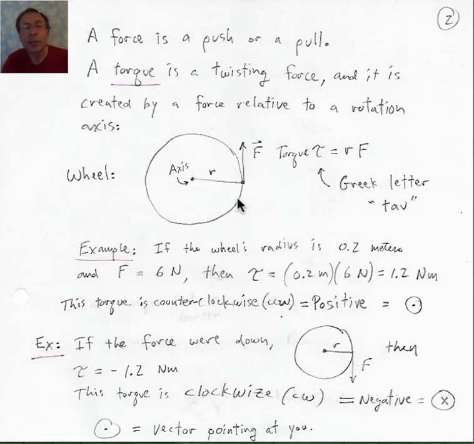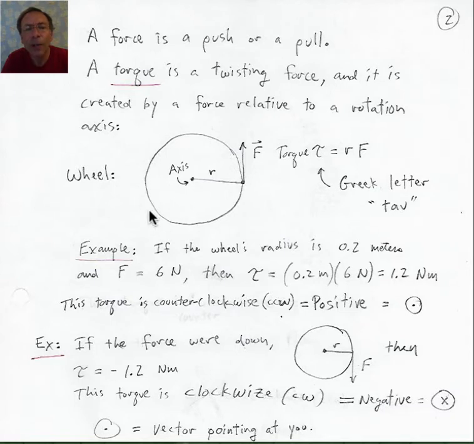Let's look a little more carefully at torques. So a force is a push or a pull. A torque is a twisting force, something that makes something rotate, and it is created by a force relative to a rotation axis.